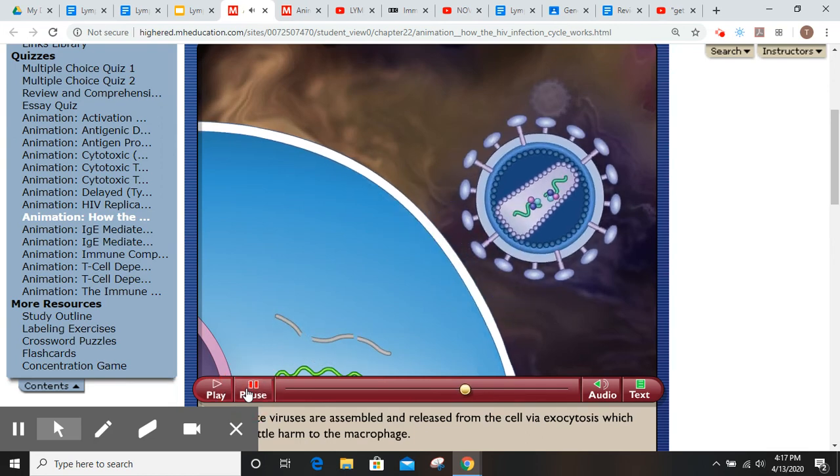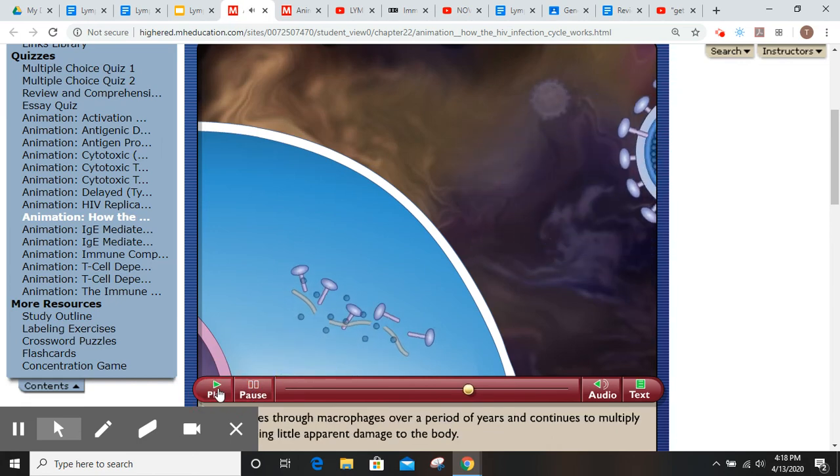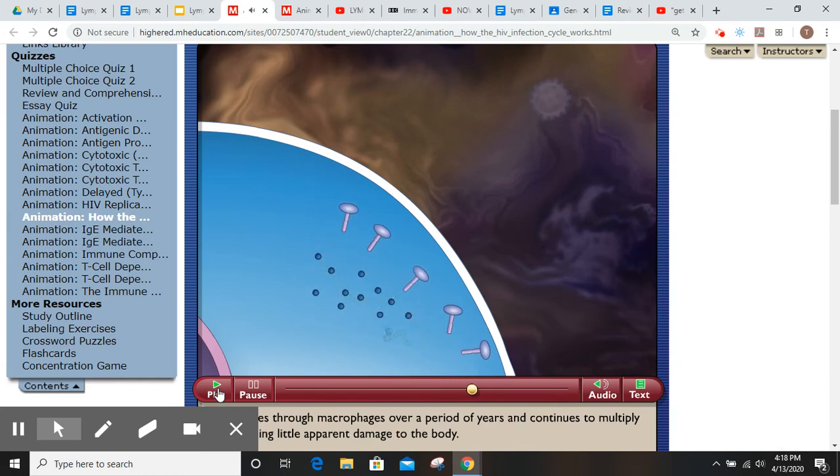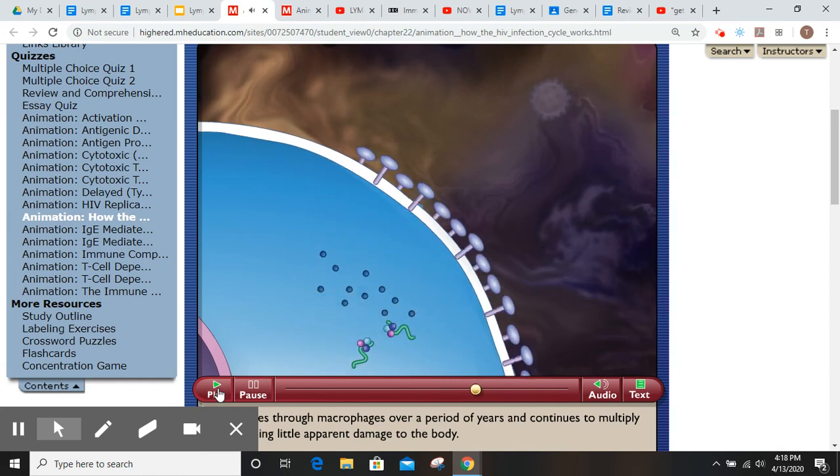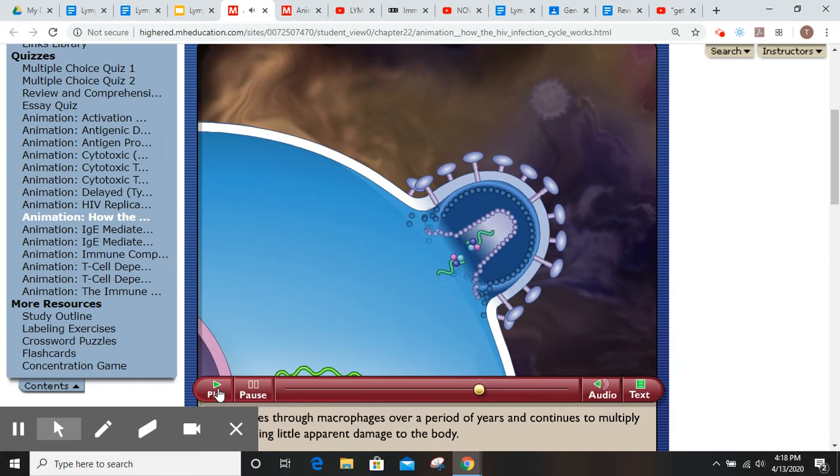Again, a virus can't replicate on its own. It has to hijack other cells and use their machinery, their ribosomes, to actually make copies of themselves. So again, we don't consider viruses necessarily alive because they're not maintaining their own homeostasis, and they just hijack our host cells. HIV cycles through macrophages over a period of years and continues to multiply while doing little apparent damage to the body.